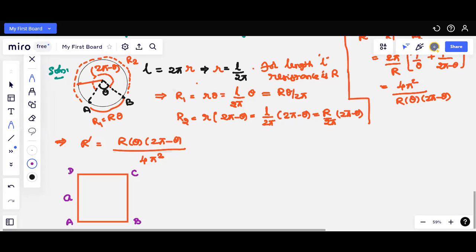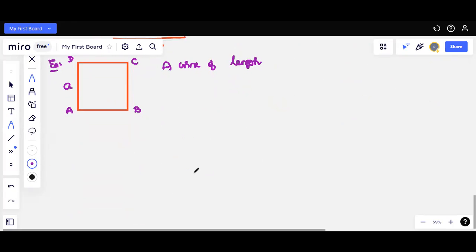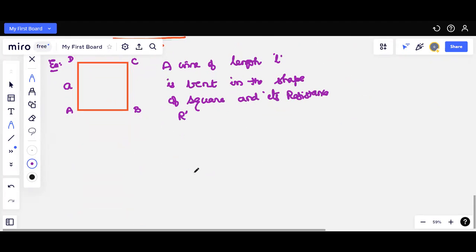But the question is, a wire of length L again is bent in the shape of a square, and its resistance is R. The resistance of the total wire of length L is R. And what will each side's resistance be? Total is R, so each side becomes R/4.